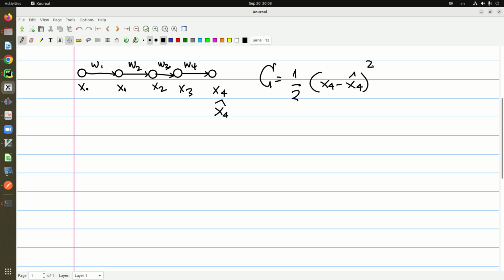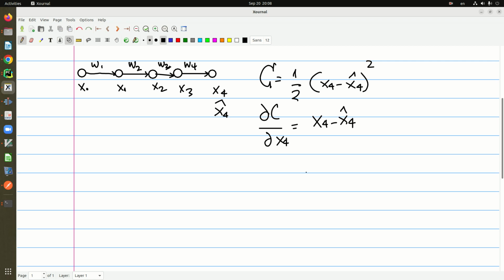As we have seen before, and I have one video where I calculate the derivative of this function explicitly, the rate of change of cost over x4 is given by this equation.